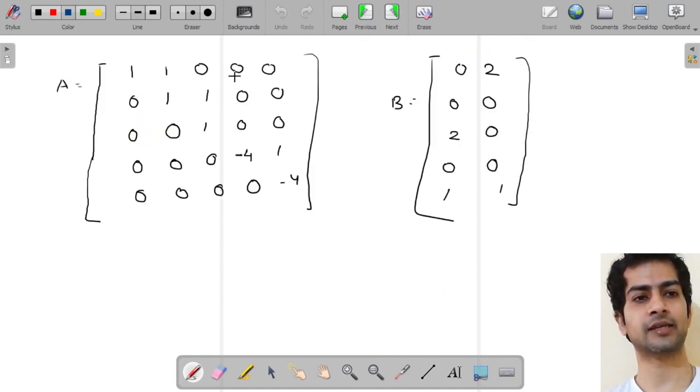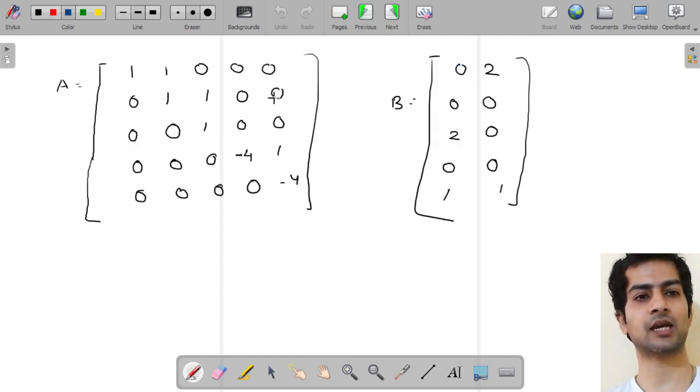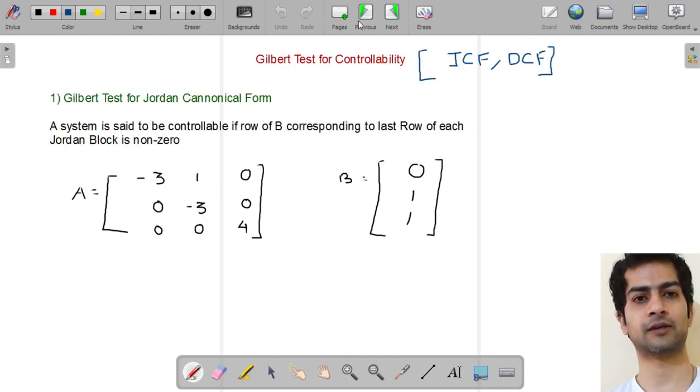Suppose we get any matrix like this, then is it possible for you to form its QC and Q naught and find the result? No, it is not possible. So the examiner will also not test your patience by giving this type of matrices, and that too not in JCF or DCF. So you just need to know what JCF and DCF are and how to identify them. And after that, your solution will become very easy.